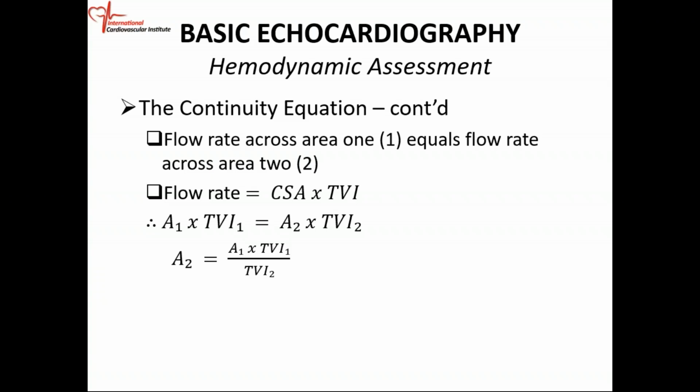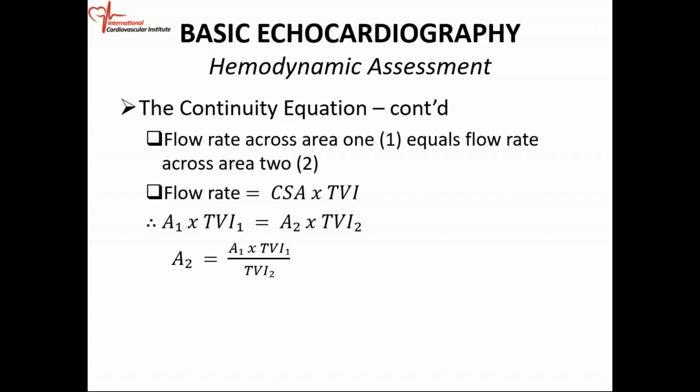Because of the continuity equation, we know that the flow across the left ventricular outflow tract has to be the same thing as the flow across the aortic valve. Okay? Because the heart is a closed circuit. There is no leak. So the flow across the left ventricular outflow tract is going to be the same flow across the aortic valve.